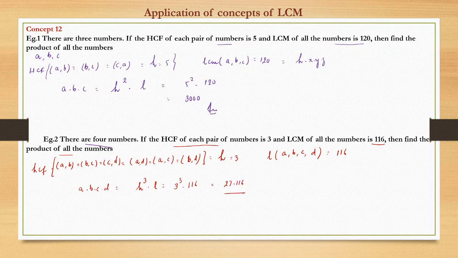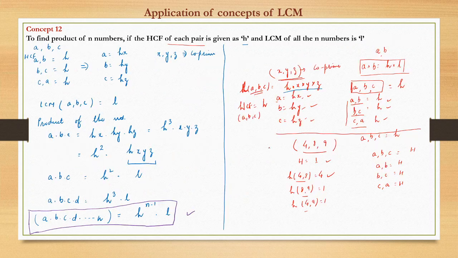But is this correct? See here, we should be very careful. I mean, on the previous page also we saw that LCM is nothing but H times XYZ, where X, Y and Z are co-prime numbers and H is the HCF.